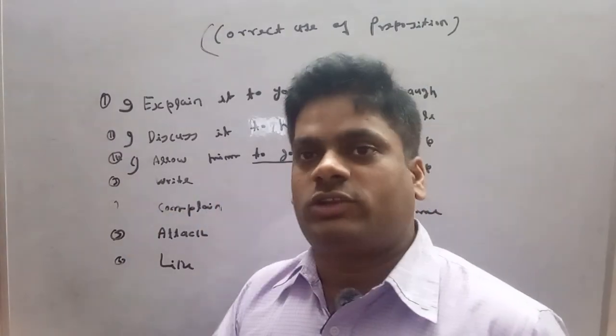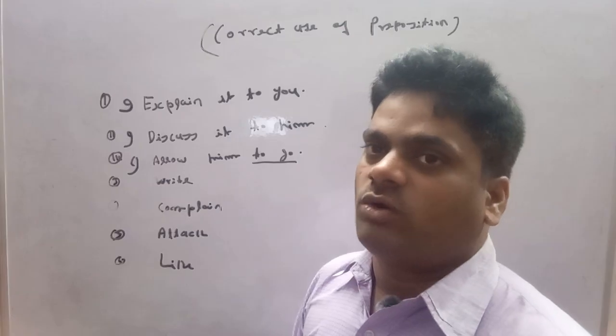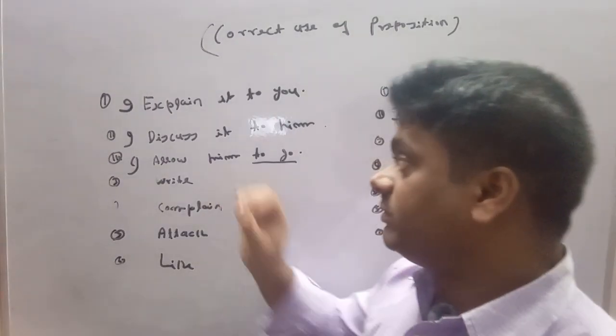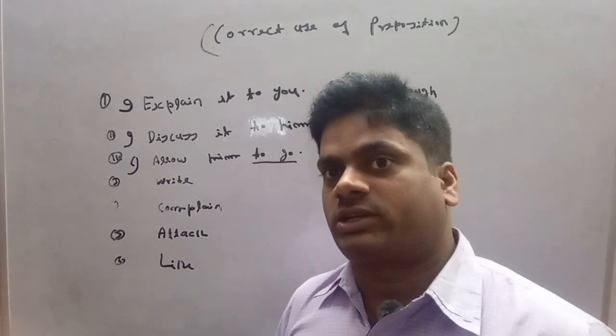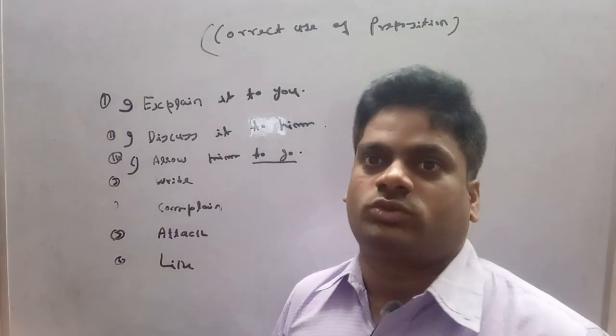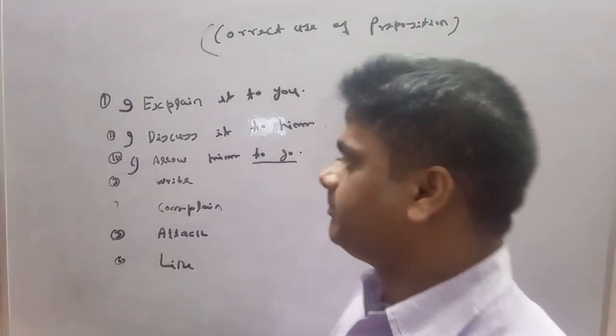If the verb is going to take its primary object, we cannot use any type of preposition. But if the verb is going to take its secondary object, then we would require a preposition just in order to associate the secondary object to its primary object in the sentence.